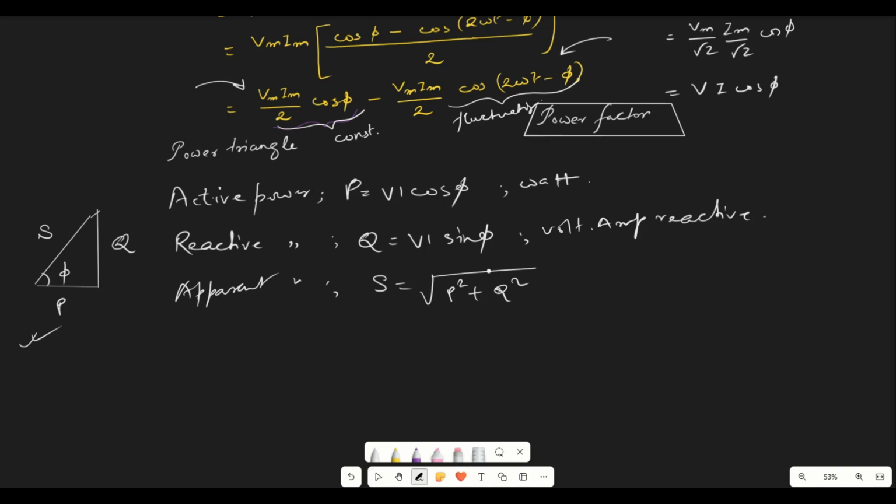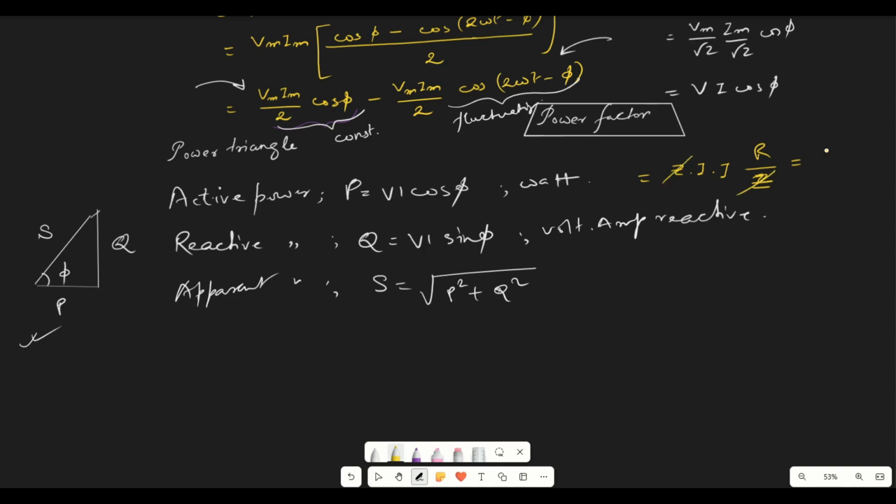These values can also be written as follows. VI cos phi: for V we can write Z into I, then cos phi is R by Z from the impedance triangle.